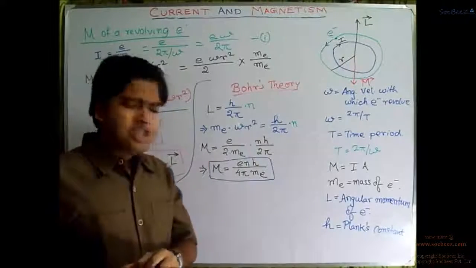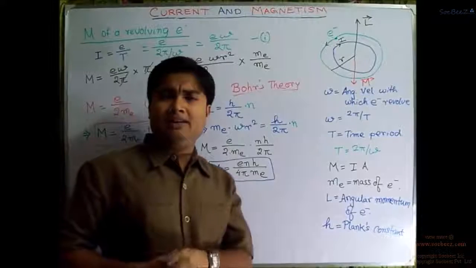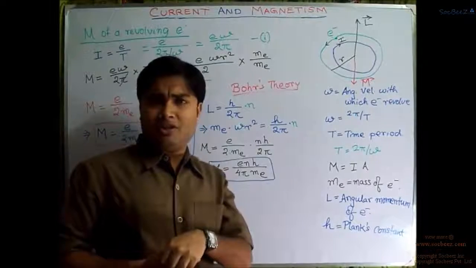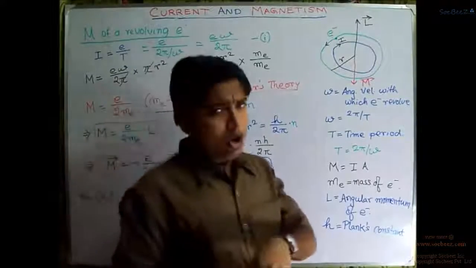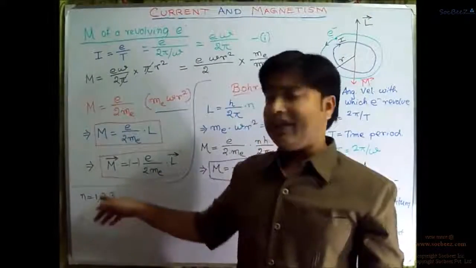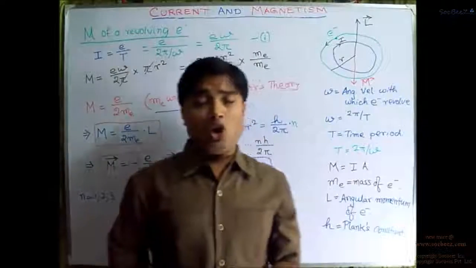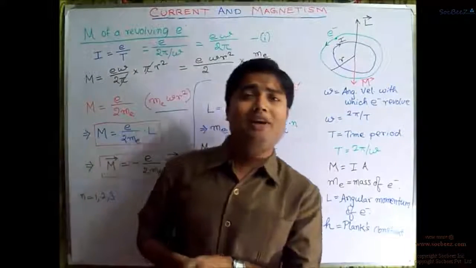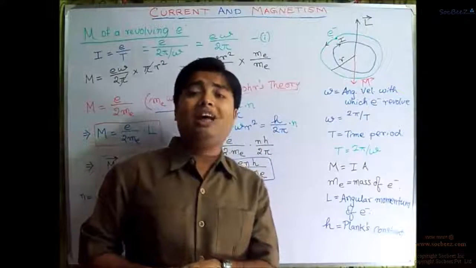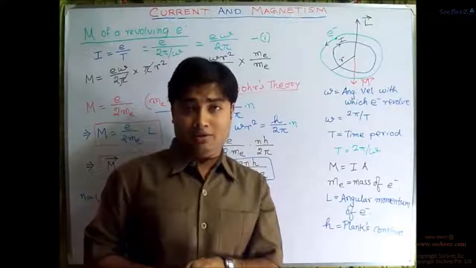Now, say for example, in the least case, we take the value of n equal to 1, because the value of n over here cannot be 0, since we have not found any atom where the electron is actually on the nucleus.